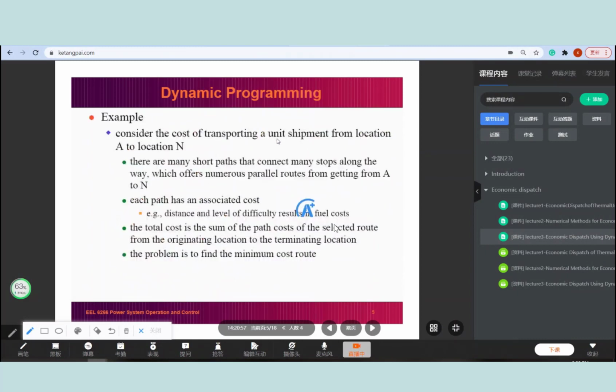So consider the cost of transporting a unit from location A to location N. There are many short paths with many stops along the way, which offers numerous parallel routes from A to N. Each path has an associated cost.